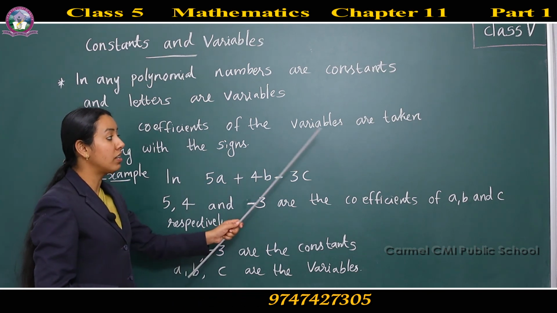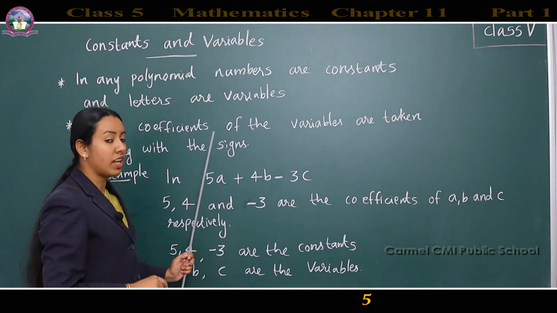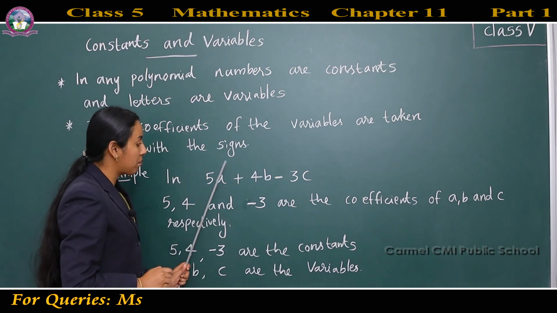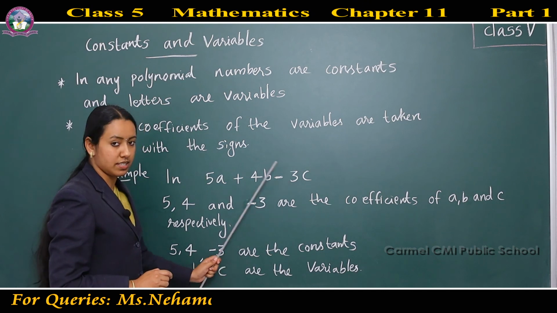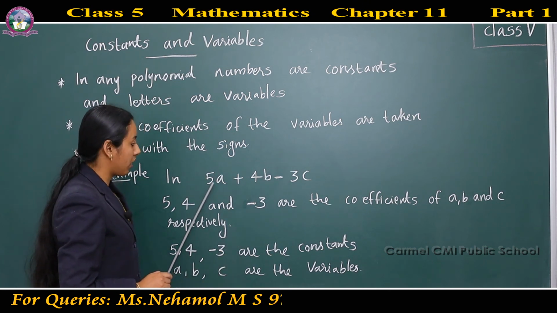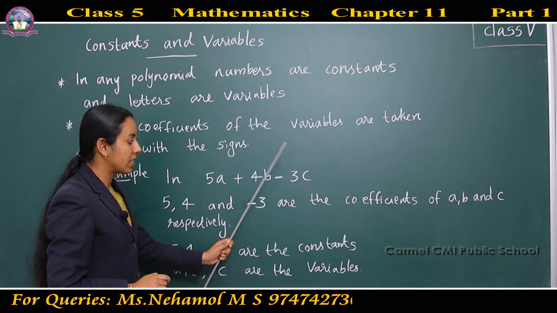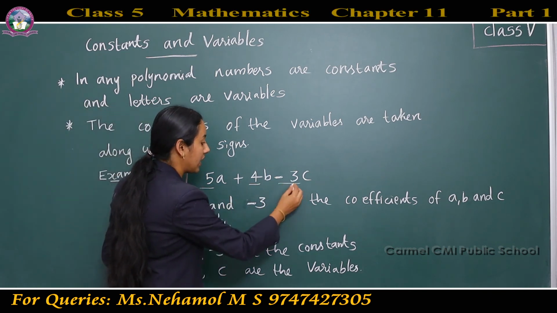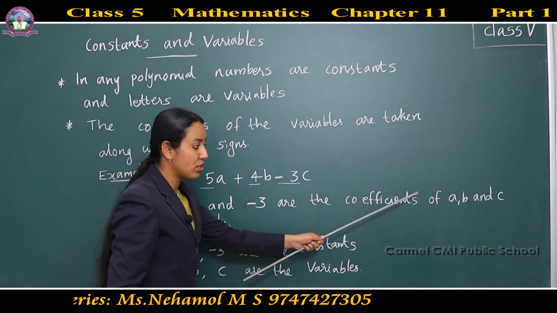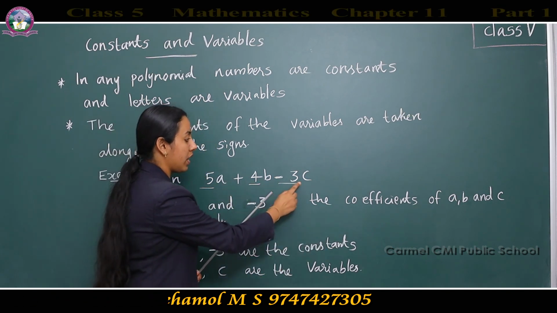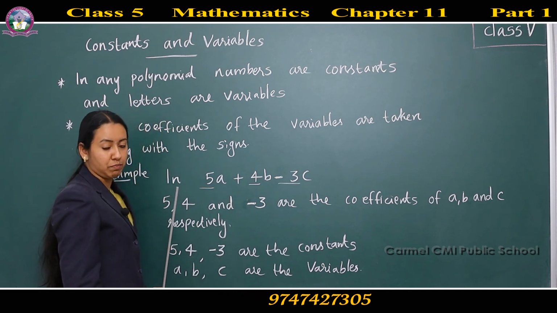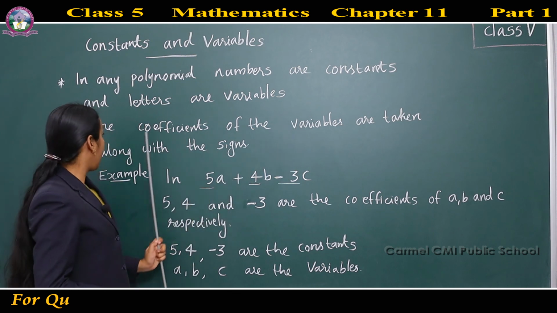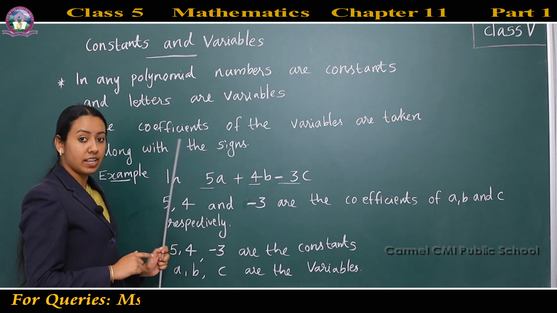That means, for example, in 5a plus 4b minus 3c, one algebraic expression, here 5, 4 and minus 3 are the coefficients of a, b and c respectively. We have to take the coefficients of the variables along with their signs.